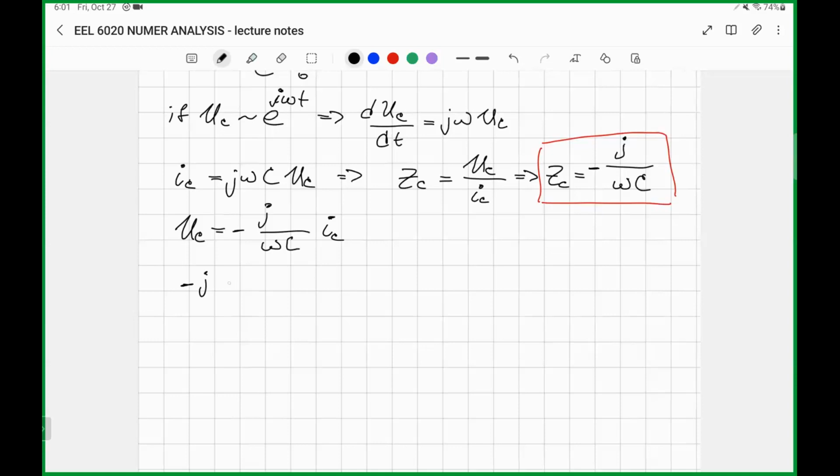Minus j can be represented as e to the power of minus j pi over 2, because of the earlier formula, and we conclude that in this case the phase of the current leads the phase of the voltage. In the same notation, the phase of the voltage across the capacitor minus the phase of the current across the capacitor is equal to minus pi over 2.